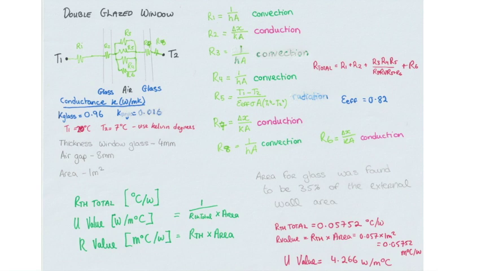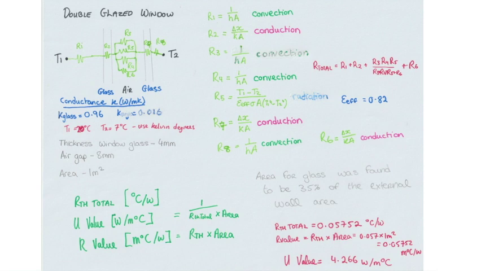So you can see here we have a similar layout to the ground floor slab, but here we have a value for radiation resistance, which is T1 minus T2 all over the effective emissivity by the Stefan-Boltzmann constant by the area multiplied by T1 to the power of 4 minus T2 to the power of 4.